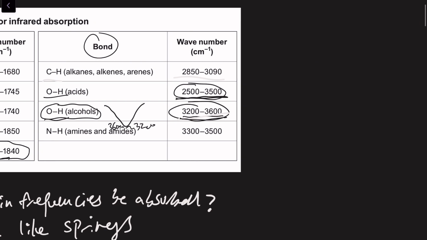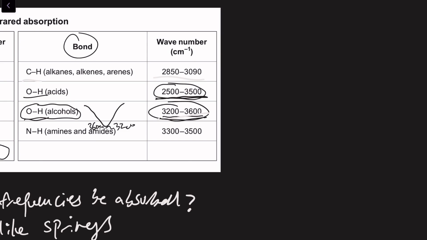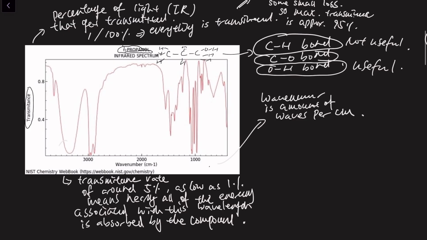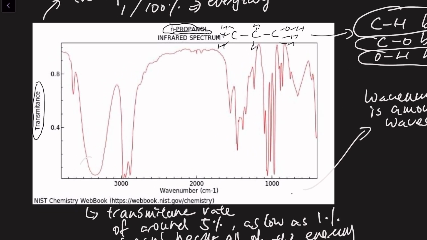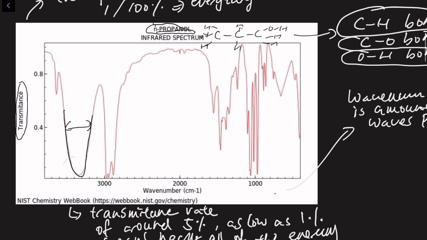So you would expect the spectrum for the acid to look very broad, whereas for the alcohol, it's relatively narrow. So if you see this kind of really narrow range, then you can immediately tell it is the alcohol, the hydroxyl group.